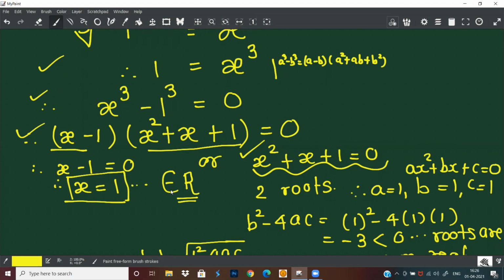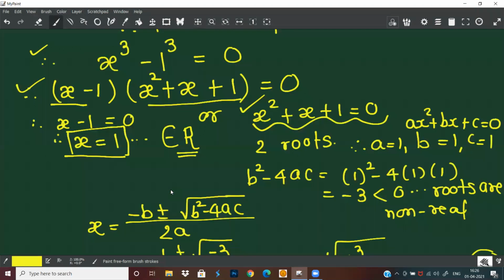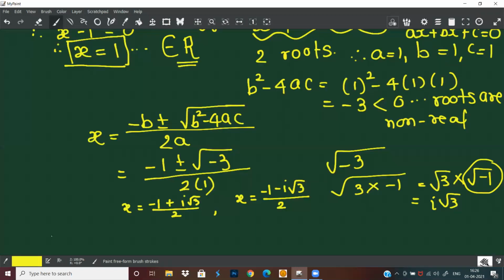Oh, you understood. Very good. So you got b square minus 4ac. The value of the discriminant is negative, so roots are not real. I use the formula and substitute. So there are 3 cube roots of unity. One is this, second one is this. Normally we call complex cube roots alpha and beta.